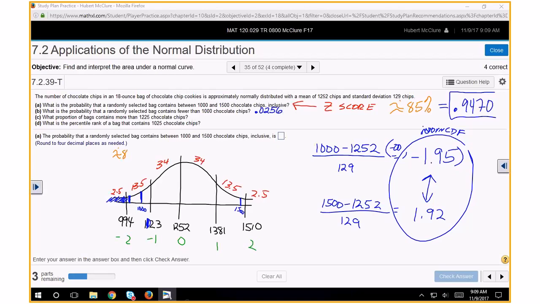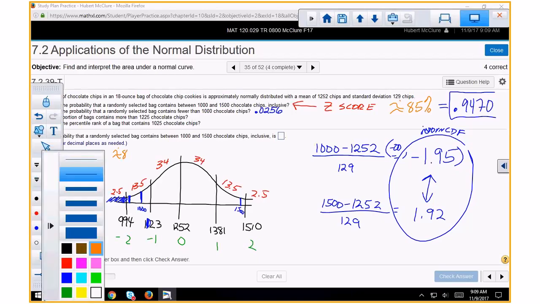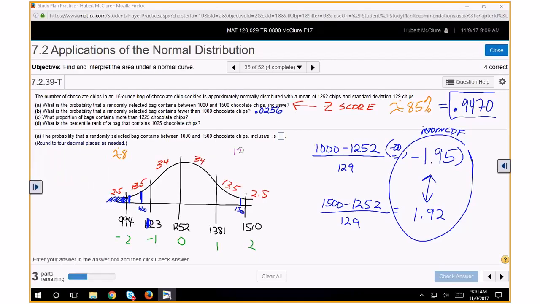What proportion of bags contain more than 1225? So let's change 1225. Let's do it in a different color. We'll do it in magenta. So 1225 minus 1252 over 129.